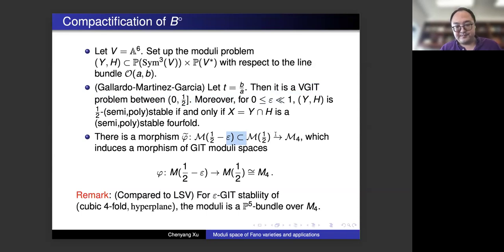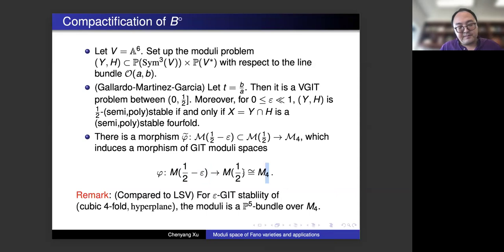And as a space, there is a projective morphism from the GIT moduli space to the GIT moduli space M_{1/2}, which by Gallardo and Martinez-Garcia is M_4. This map actually crushes lots of K-semistable ones into one point, which is just the intersection of the fivefold together with the hyperplane.